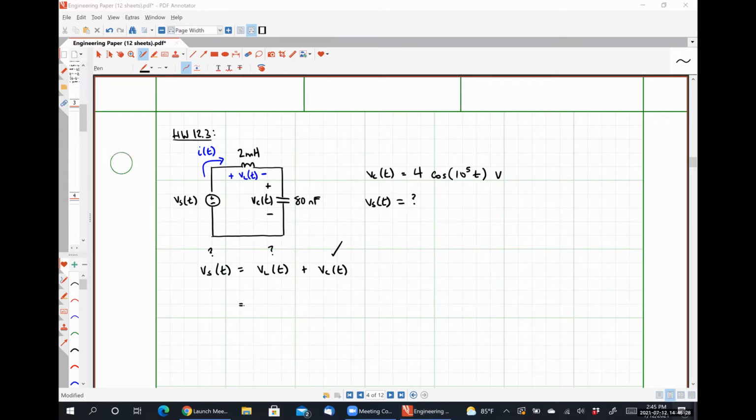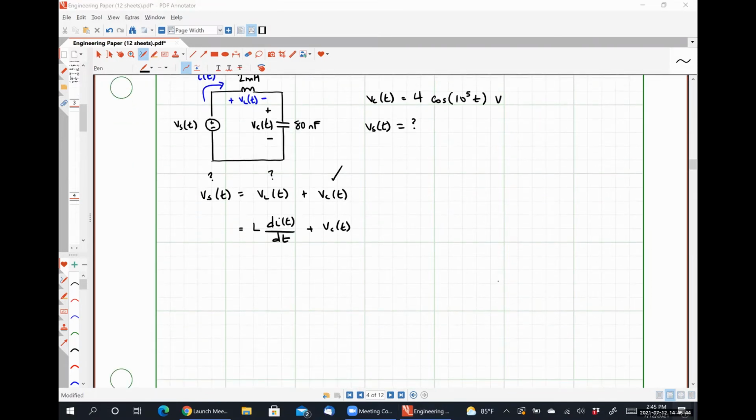Absolutely correct. So we know that VL is L di by dt. And we also know that since both elements have the same current flowing through them, I of t is both the current flowing through the inductor and the current flowing through the capacitor.